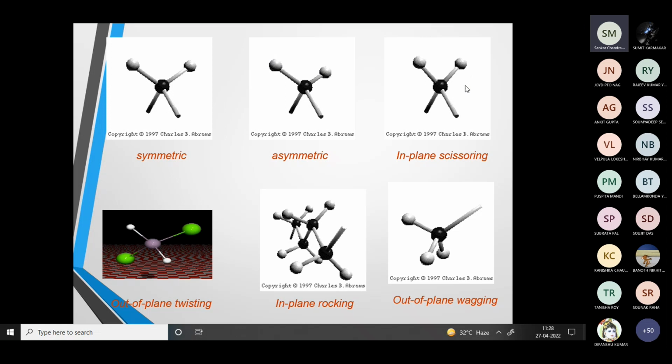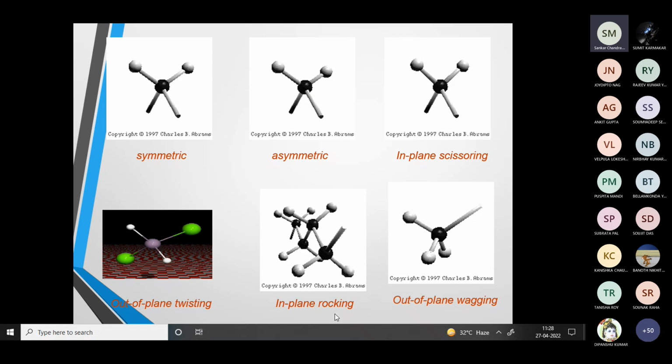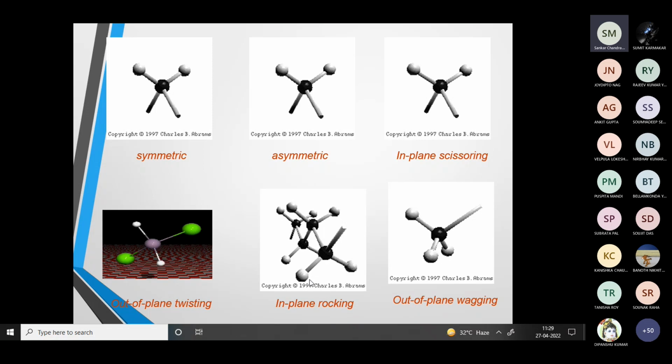Here this is the bending, scissoring. This is the in-plane rocking. This is the out-of-plane rocking. Out-of-plane rocking means the planes are always changing, but here the planes are the same and they are rocking. So this is also out of plane. The same thing is happening. Is it clear?